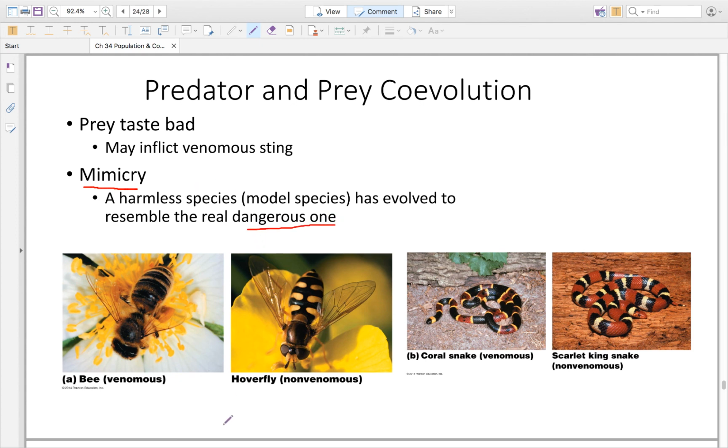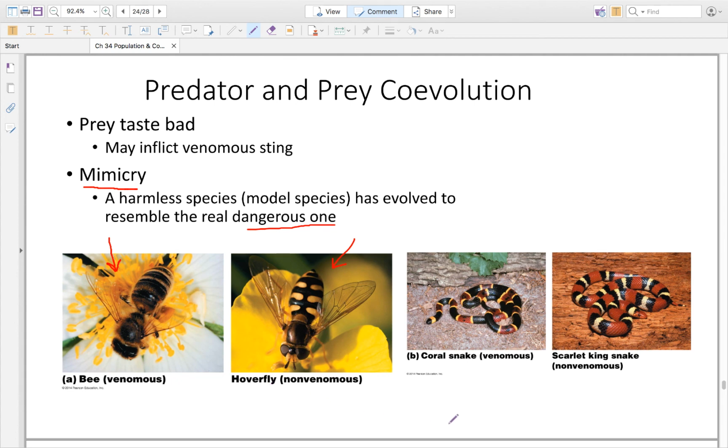For example, this is the bee. Everybody knows the bee, and bees are venomous. And this guy is a completely harmless hoverfly, but they have evolved to look like or mimic the bee as a defense mechanism. So organisms will leave them alone because they look like the bee.